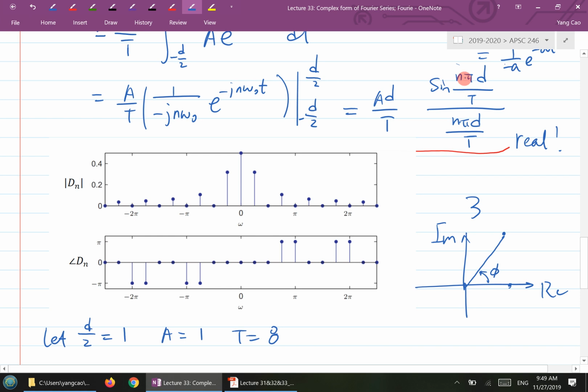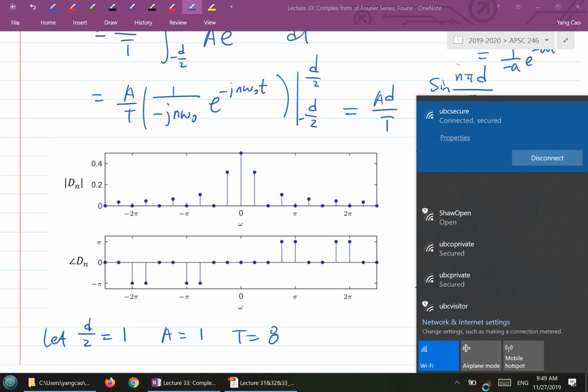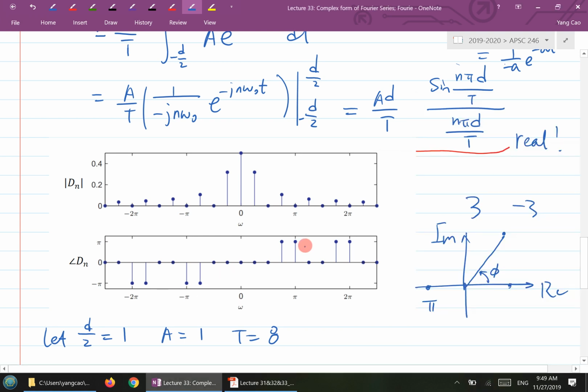That's why you see a positive pi value and a negative pi value. When this is a negative number, for example negative 3, the phi angle associated with it is pi. The phase angle associated with that number is 180 degrees. So that's why you see the variations of this angle between negative pi and positive pi. That's how you plot these two things here.